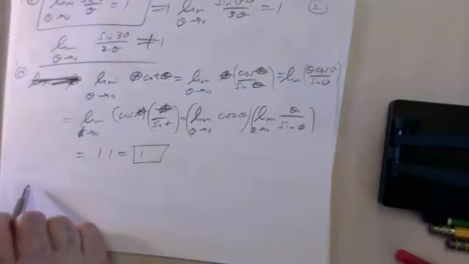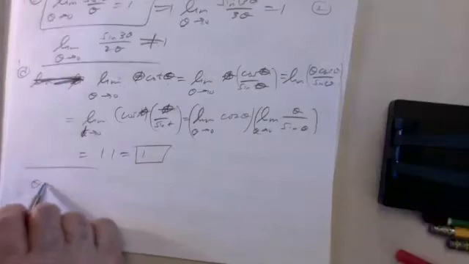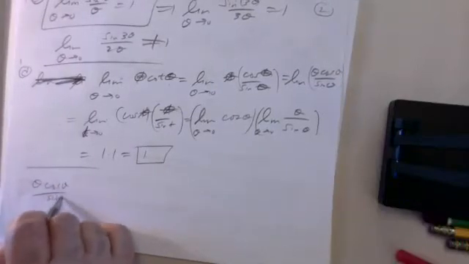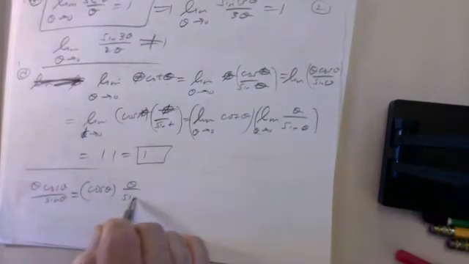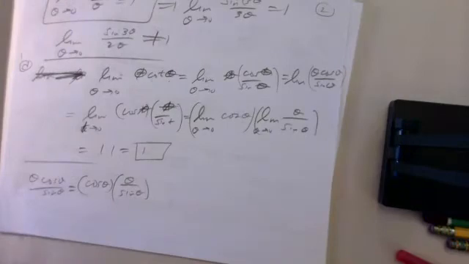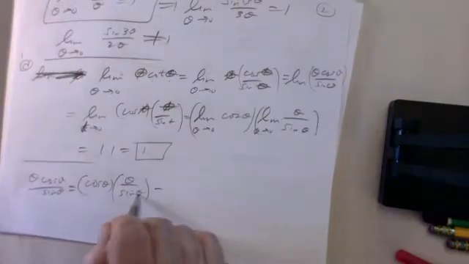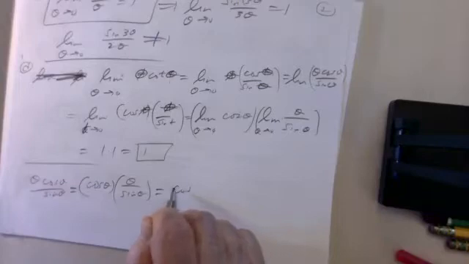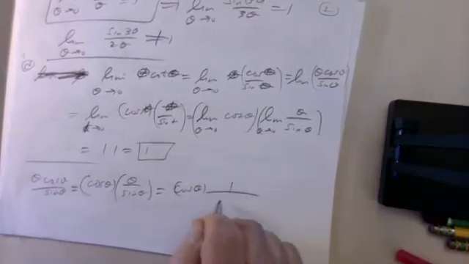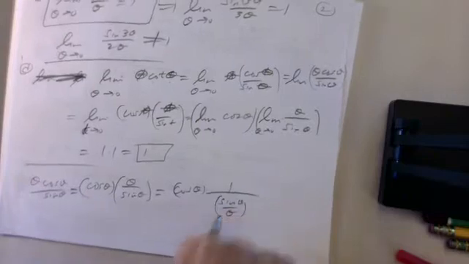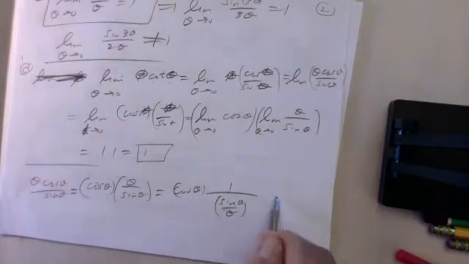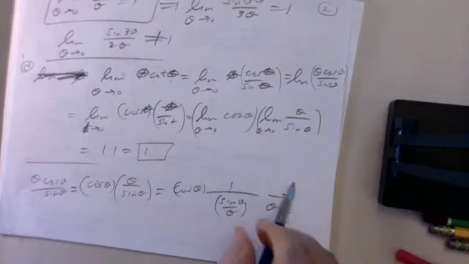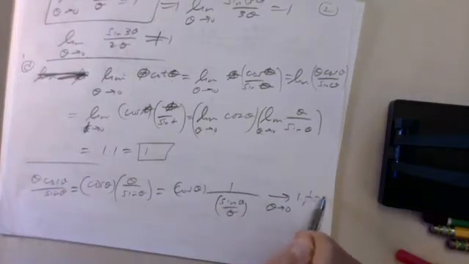So all I'm doing is this: theta cosine theta over sine theta is the same as cosine theta times theta over sine theta. If you don't like theta over sine theta, this is cosine theta times 1 over sine theta over theta. And as theta goes to 0, this goes to 1 and this goes to 1. So you get 1 times 1 over 1, which is 1.